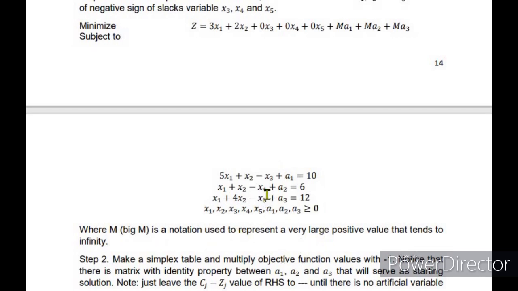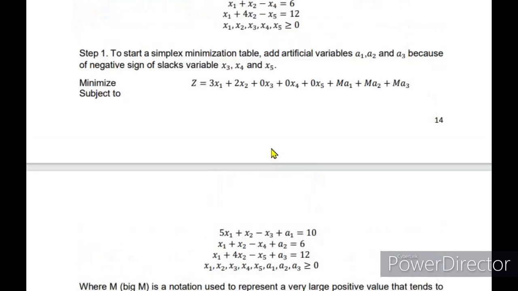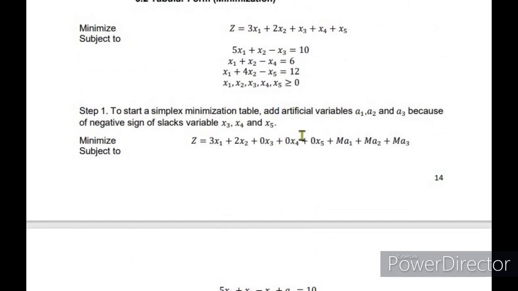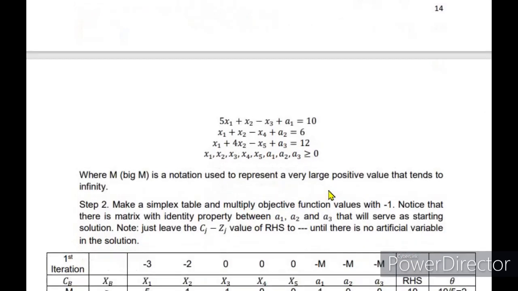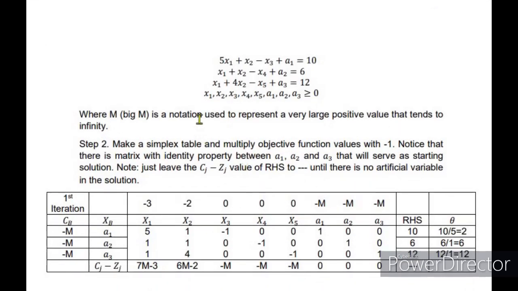All these slack variables are negative because of the greater than or equal sign of the constraints. There is also a non-negativity constraint, okay? So all variables must be greater than or equal to 0.